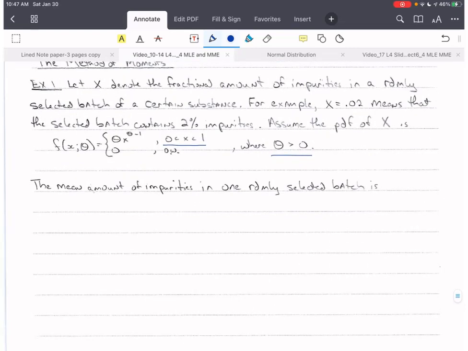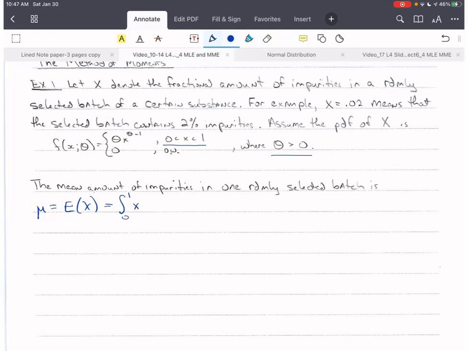All right, so the mean amount of impurities in one randomly selected batch is mu equals E of x. So we're always going to find E of x. And since this is continuous, we'll take an integral, and x goes from 0 to 1.